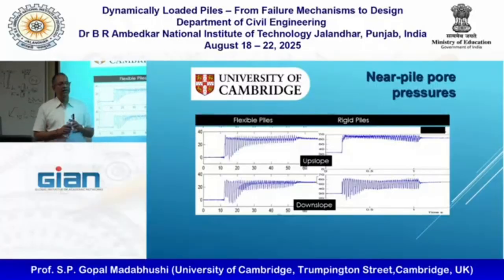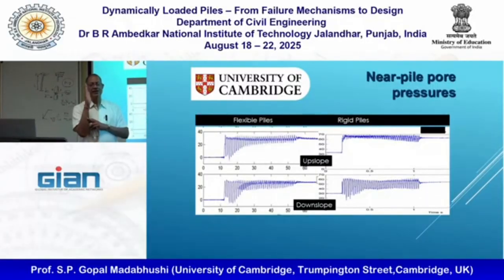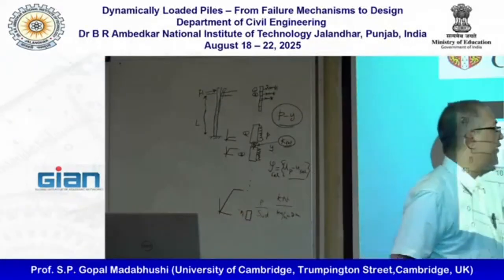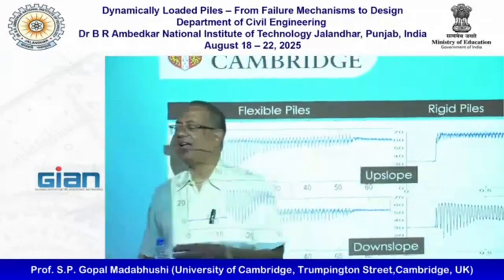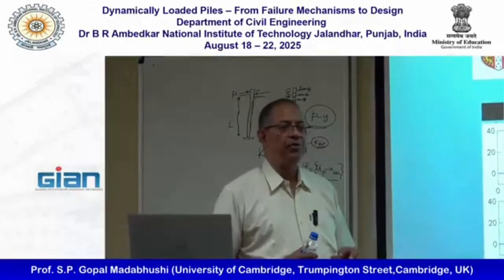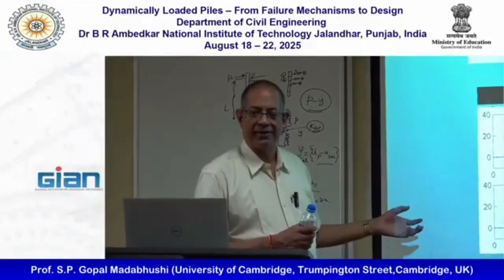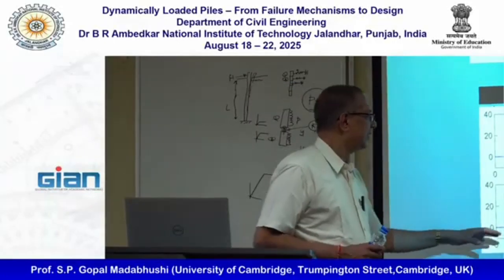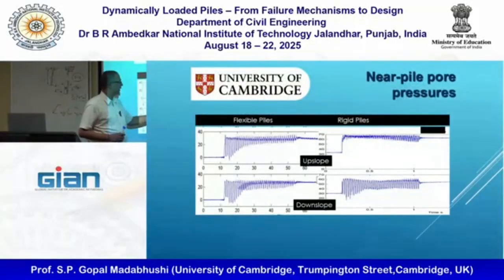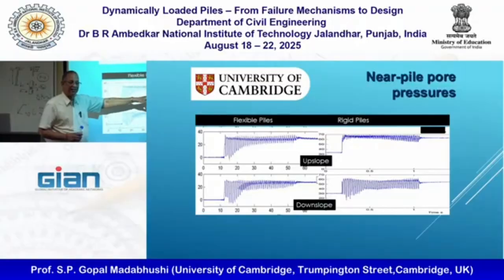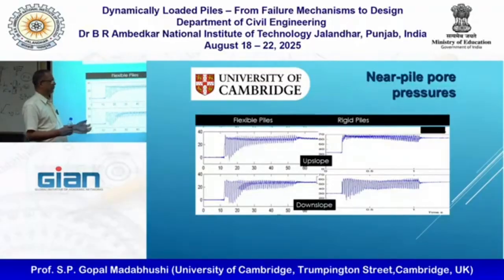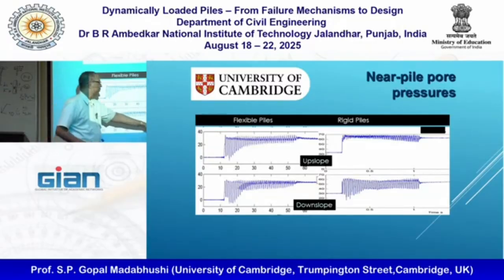And that makes sense. If the pile is flexible, the soil can move a lot, and upslope I will pick that up. If my pile is rigid, it won't let the soil oscillate so easily, so I'm not getting those oscillations. So immediately you can see the effect of rigid pile versus flexible pile. Downslope, whether the pile is flexible or rigid, it's not making that much of a difference, right? So I'm getting big suctions here and also big suctions here.